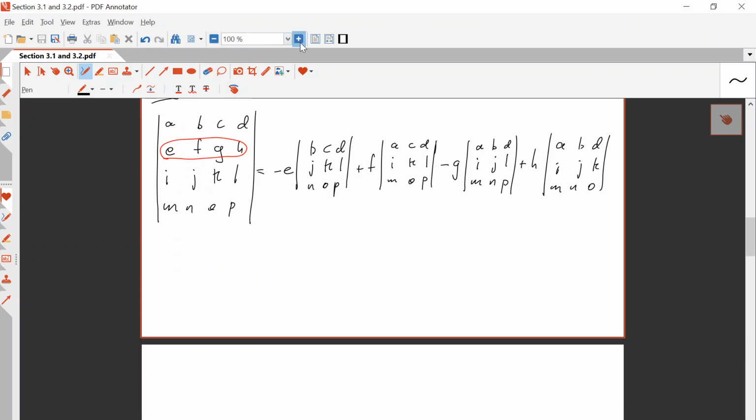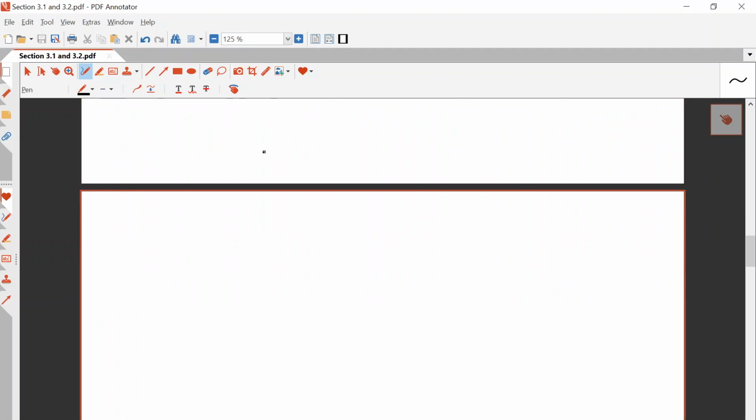So let's take as an example the determinant of the 3 by 3 matrix, 1, 5, minus 3, 2, 0, 1, minus 1, 1, 4.